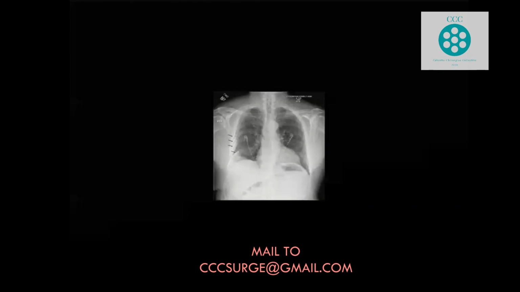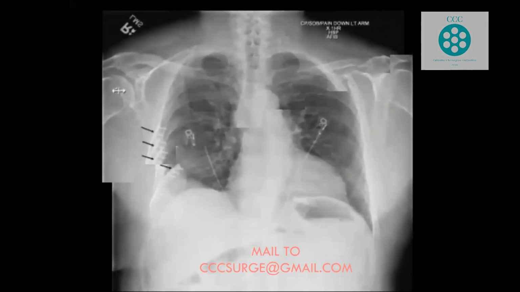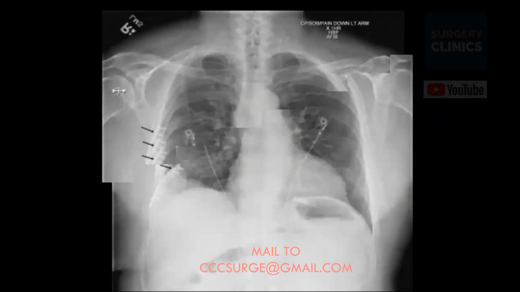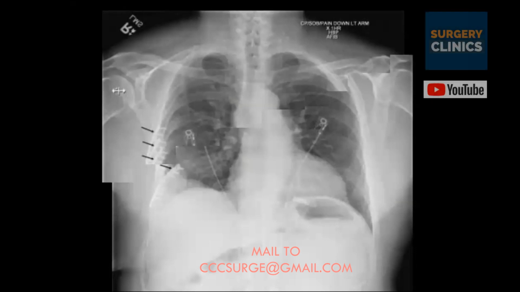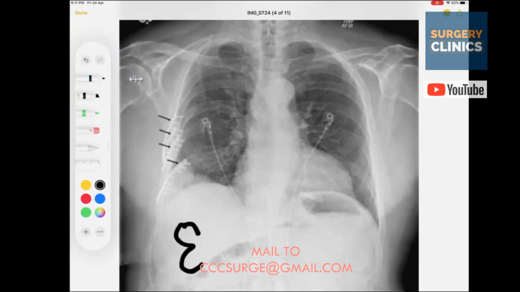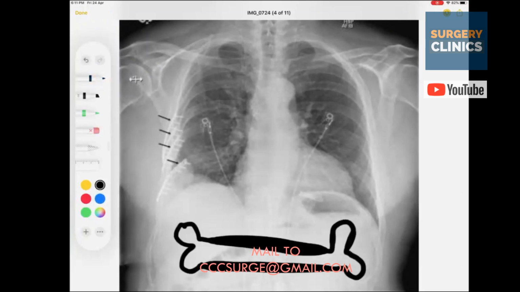Now see this one. These are not pictures that you occasionally get to see in your wards, but for fun, for some interesting reasons, I had this. This is a chest X-ray, as you can see by those four arrows. What do you think was the problem that someone has tried to fix? Remember, if you have gone to your orthopedics ward, this is a bone, and the bone sometimes undergoes a fracture.